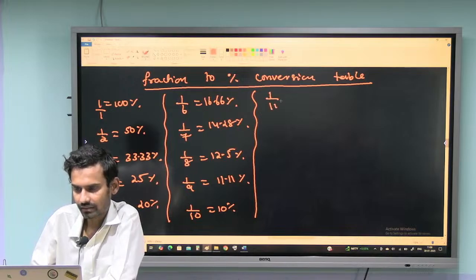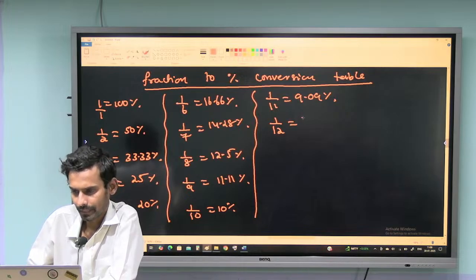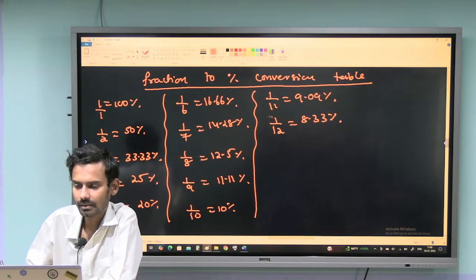Then 1 by 11 will be 9.09%. 1 by 12 is 8.33%. This is important, 1 by 12.